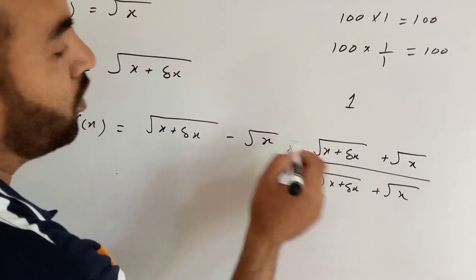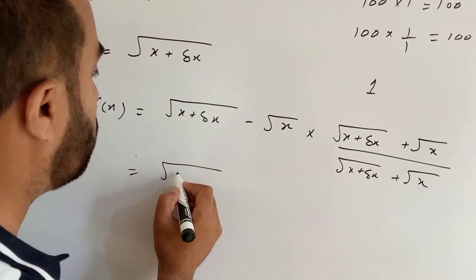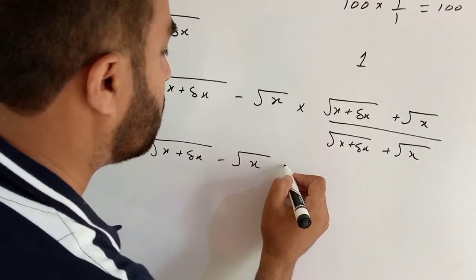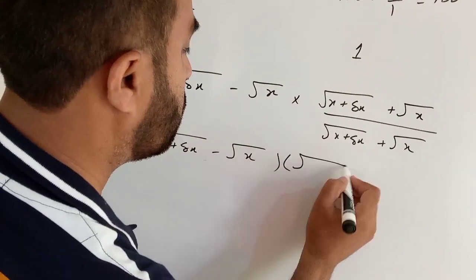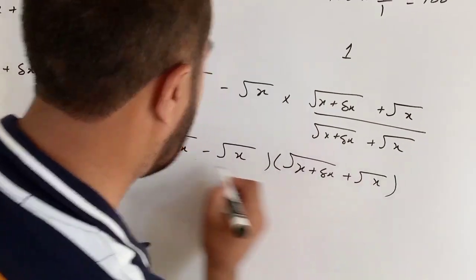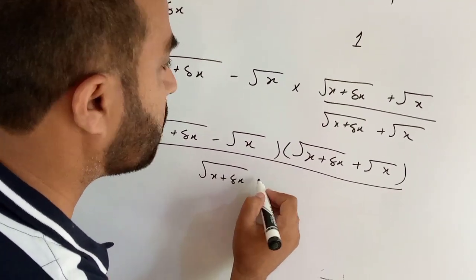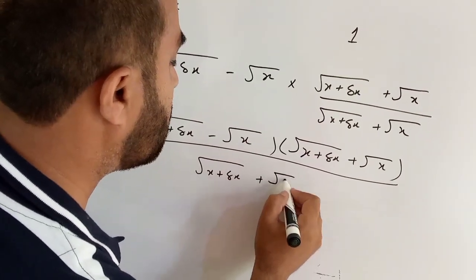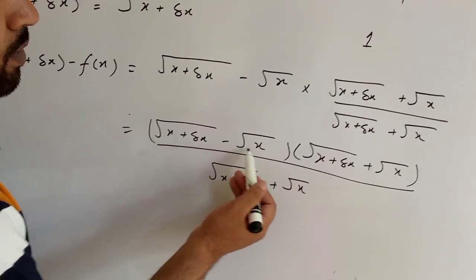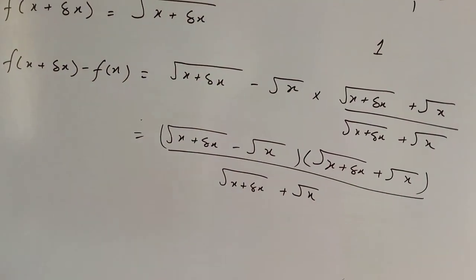Now the numerator multiplies with the numerator: square root of x plus delta x minus square root x, into square root of x plus delta x plus square root x, divided by square root of x plus delta x plus square root x. Here you can see a minus b into a plus b.